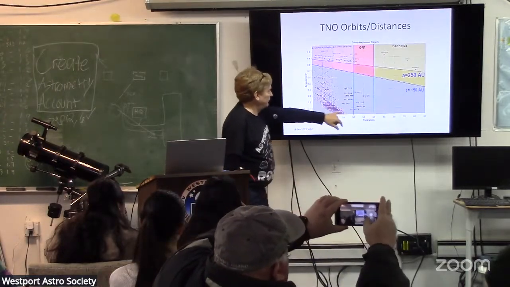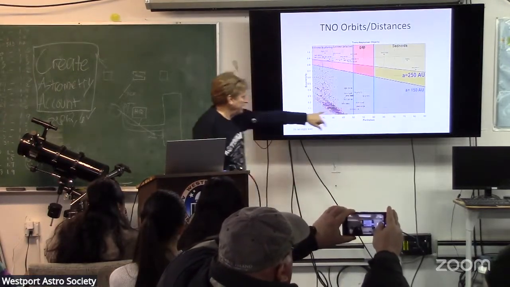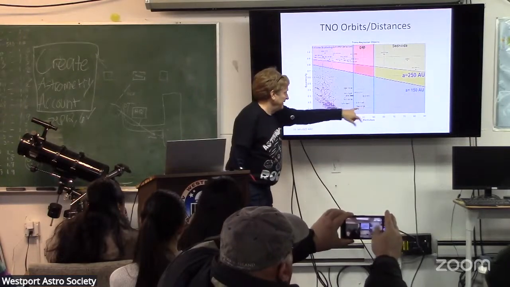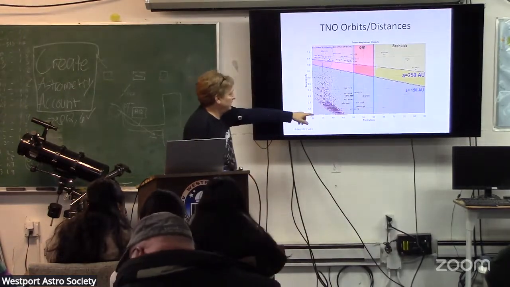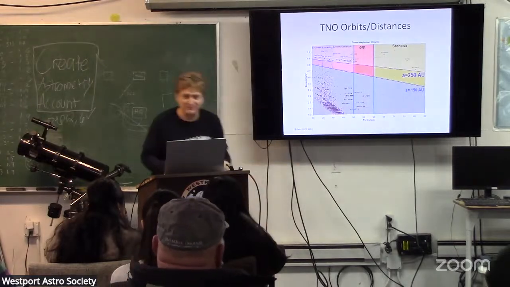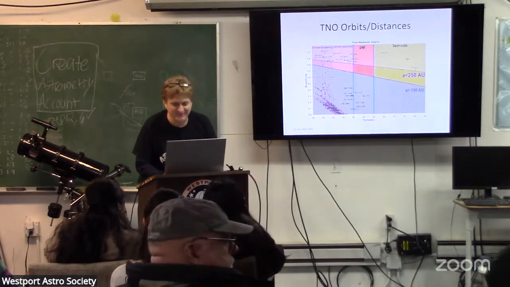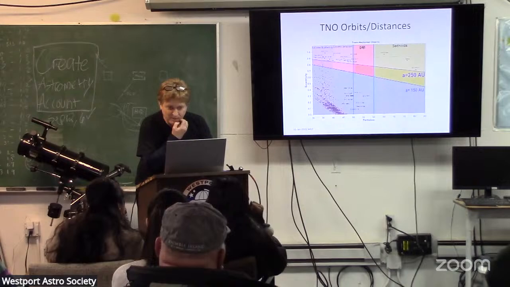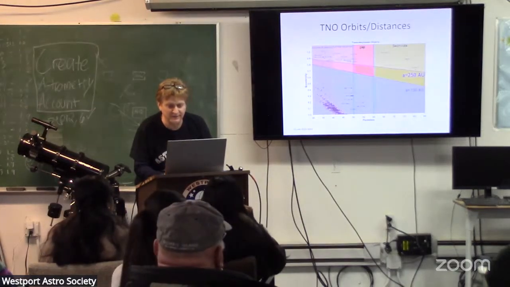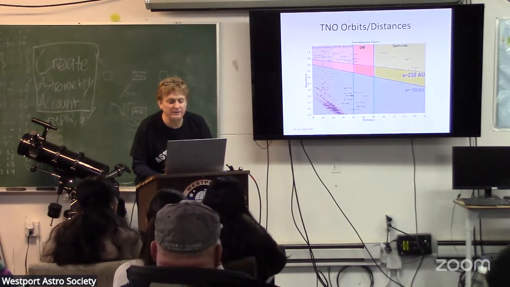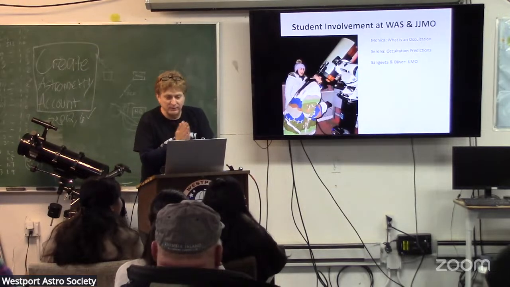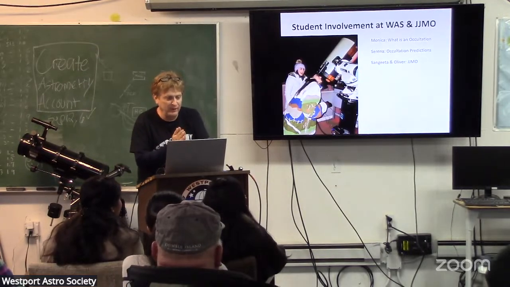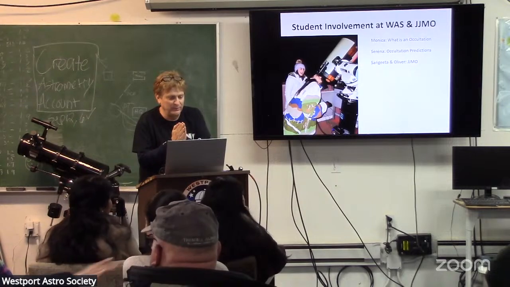I just want to point one of these out, which is 2004 XR190 down there, which is beyond the Kuiper belt. We've actually observed an occultation of that one here at Westport. I'll show you that in a bit. Okay, so this is where I'm going to get the students to come up and discuss what they've been doing.